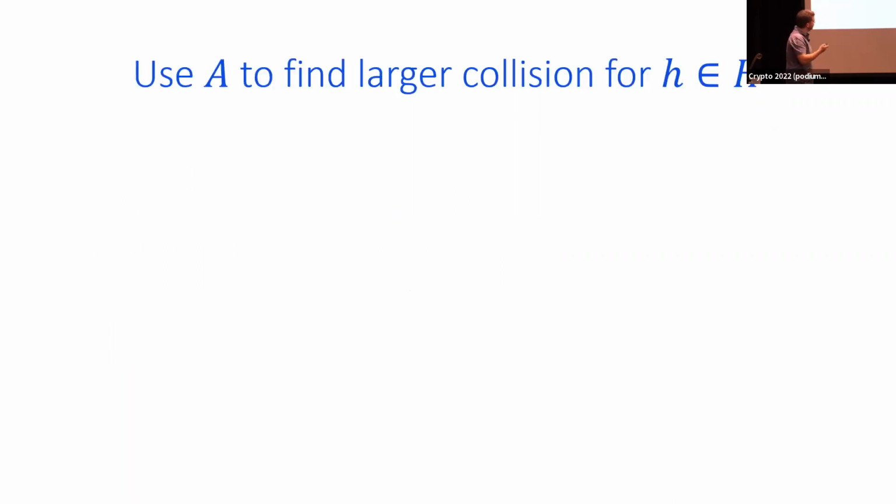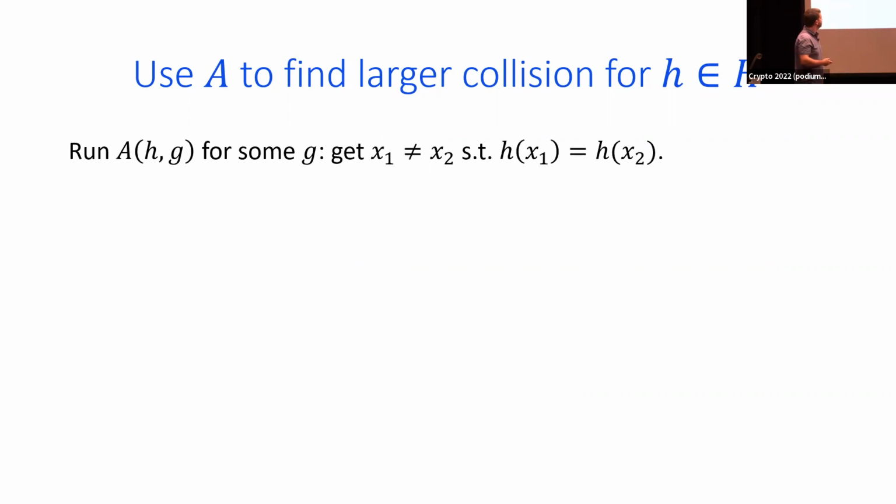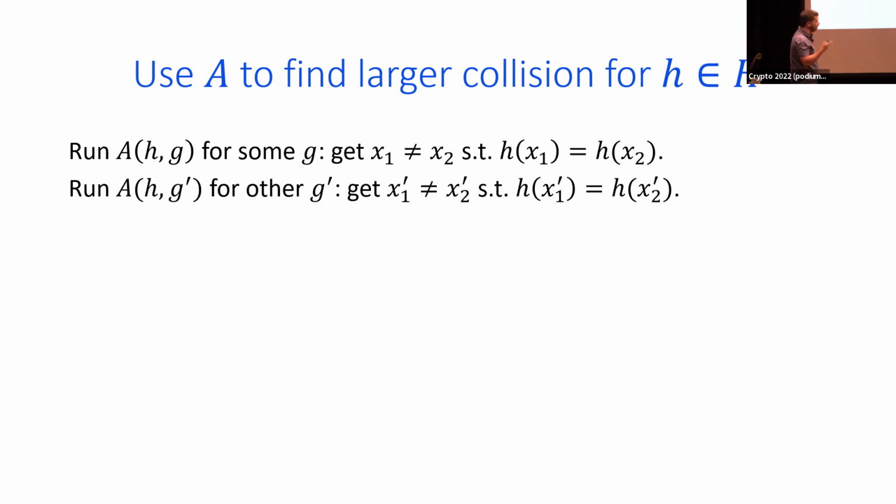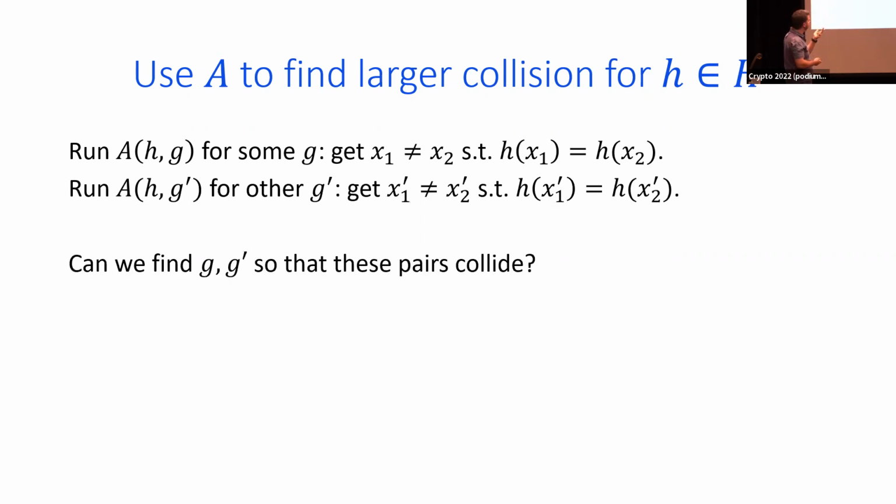Okay, so here's a naive attempt to use A to find larger collisions for H. We're given a description of H. Let's run A on some particular choice of G. We get a collision under H. Now let's run A again using the same H, but with a different G. That gives us a different collision under H. So that's pretty good, we have two collisions. We'd like to combine them.